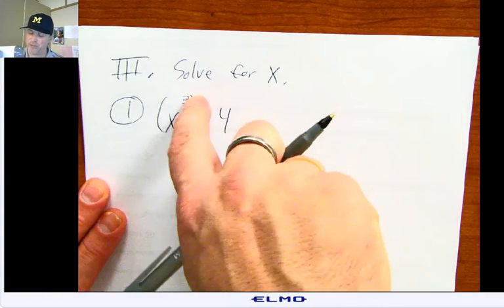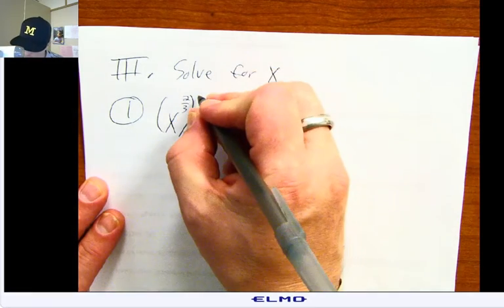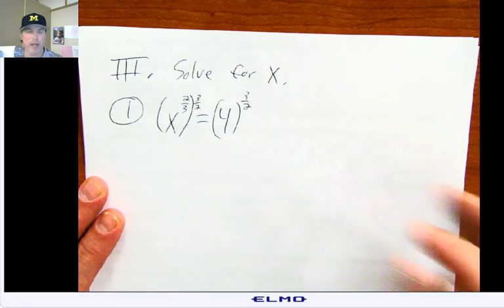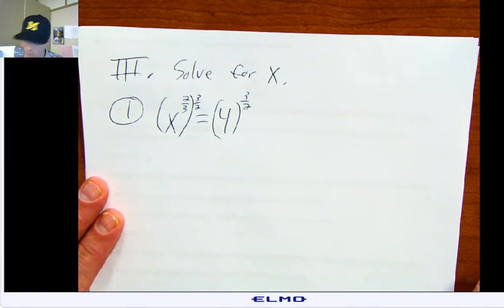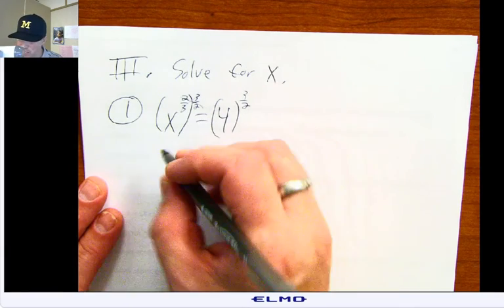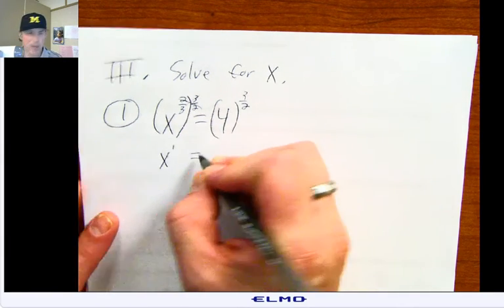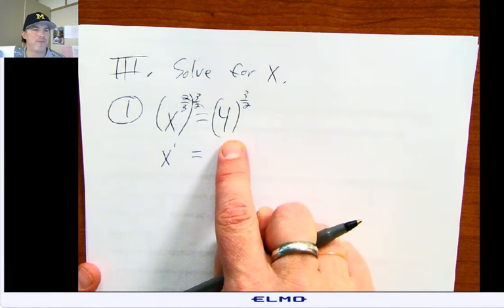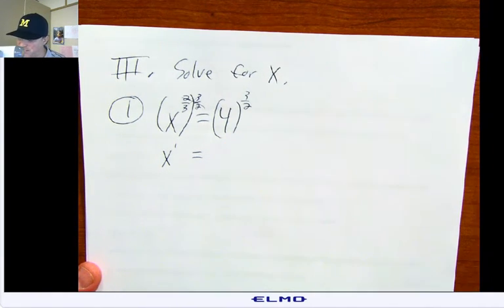The reciprocal of 2/3 is, of course, 3/2. So by raising both sides of the equation to the power of 3/2, over here 2/3 times 3/2 cancel out, and you end up with x to the 1. Over here, you have 4 to the 3/2, and this needs to be simplified.